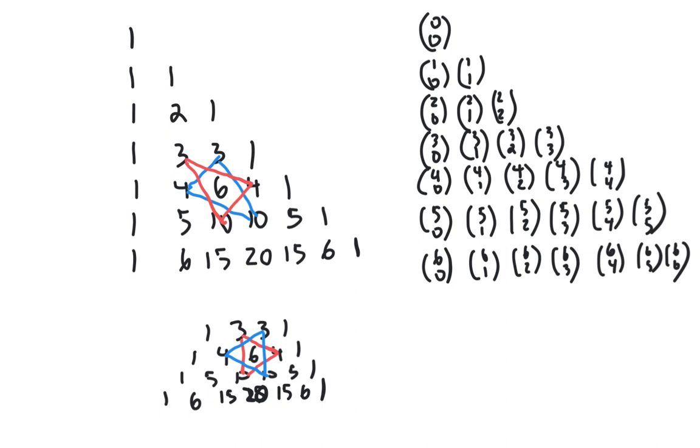So let's center this at this 5 this time, instead of the 6 that we centered on before, and let's see what's going on. So here we get 4 times 1 times 15.